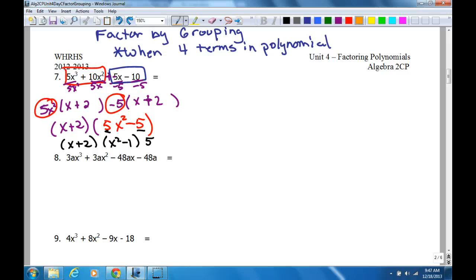Let's look at 8. So we're going to do this again by dividing these into 2 sets. Okay? So what can I take out of that first set? 3ax squared. Good.